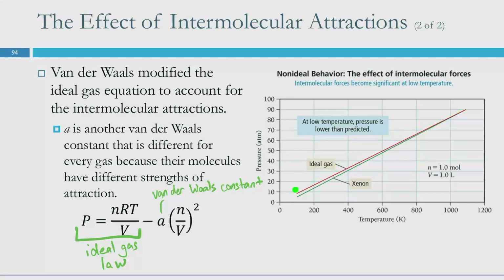If we lower the temperature, if we decrease the speed and kinetic energy of the particles, now they're not colliding as forcefully, and so the little bit of stickiness, the little bit of attractiveness that they have for other particles starts to become important. It starts to slow down their collisions and make a difference. And because they're slower collisions, we get a lower pressure. We've got less forceful collisions, less rapid particle speed, so that also decreases pressure.